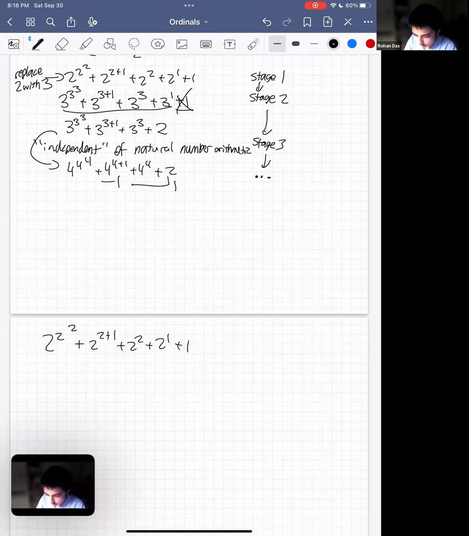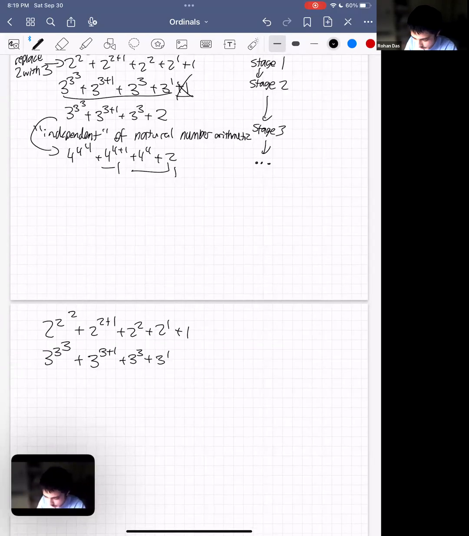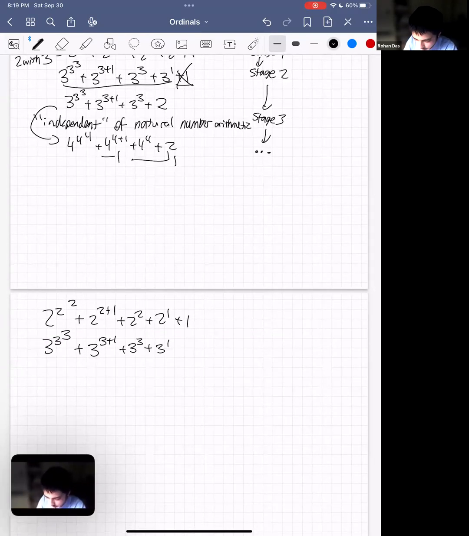After the first stage, it becomes 3 to the 3 to the 3 plus 3 to the 3 plus 1 plus 3 to the 3 plus 3 to the 1, and then there's no plus 1 term anymore. And then it becomes 4 to the 4 to the 4 plus 4 to the 4 plus 1 plus 4 to the 4 plus 4 to the 1. And then when we have to subtract 1 from this, it becomes plus 3.